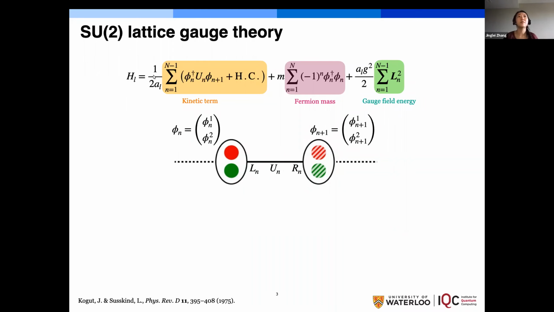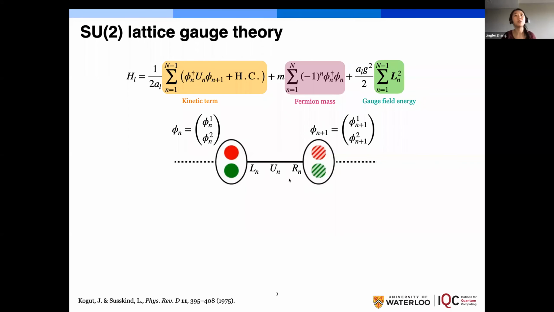Okay, so the form of the Hamiltonian, if you have ever looked at anything about lattice gauge theory in Hamiltonian formulation, should be quite simple and recognizable. We have here highlighted the fermion mass. So this is the energy that I have to pay in order to occupy the sites of my lattice with fermions. Here I have the gauge field energy.